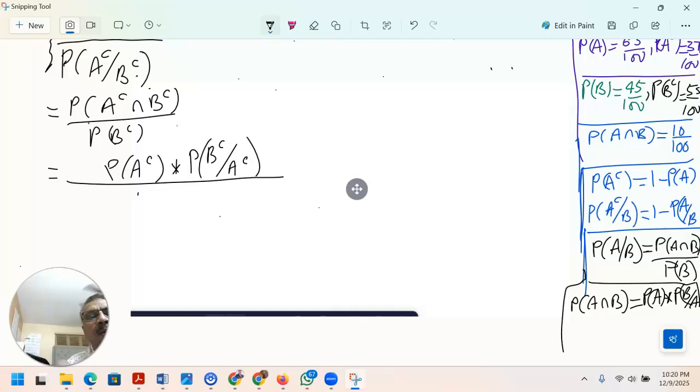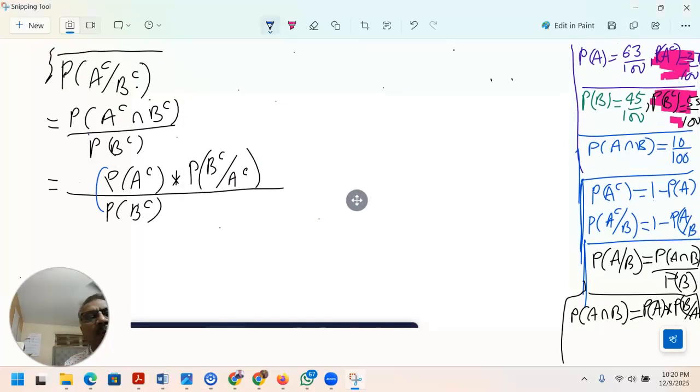So this is straight away using the conditional rule, and the denominator is probability of B complement. On the right side, we saw this piece: this is probability of A complement, and this is probability of B complement.